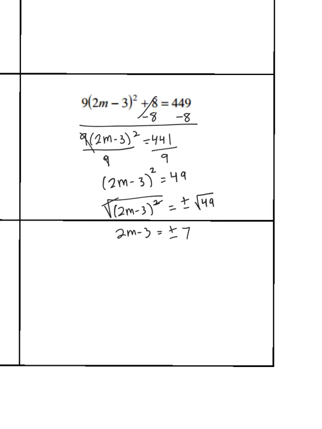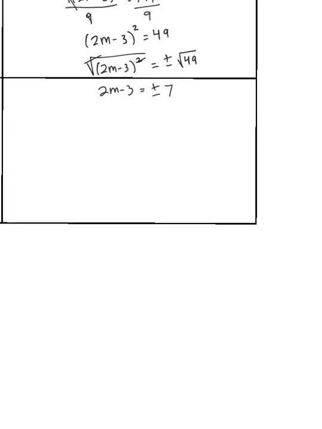At this point, you're going to need to break this off into two separate equations, because this tells me that 2m minus 3 is either equal to a positive 7 or 2m minus 3 is equal to a negative 7. So you're going to solve both of those equations for m, and you're going to end up getting two answers.